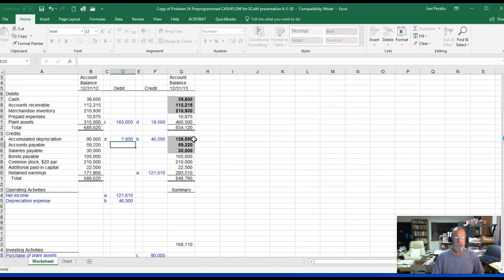So now we're on transaction E. Retired $60,000 of bonds. Now when we issue bonds, basically we are borrowing money. We sell bonds in exchange for cash, and that's essentially a loan type transaction.